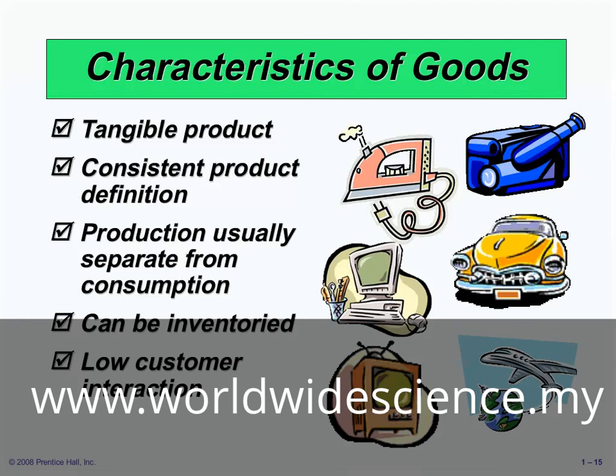Consistent means stable. The definition for the product, for goods, is stable. A camera doesn't change.